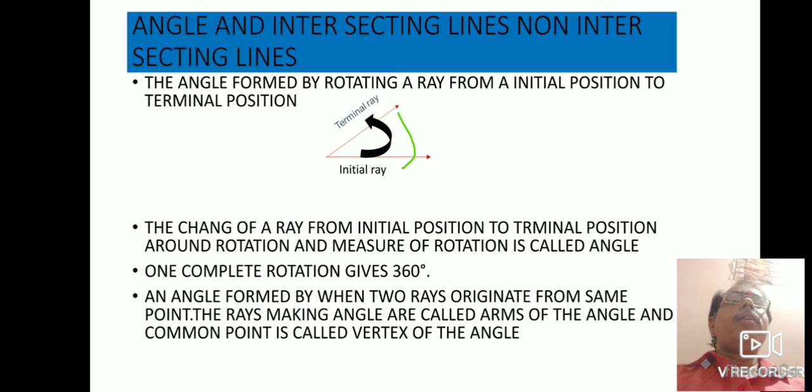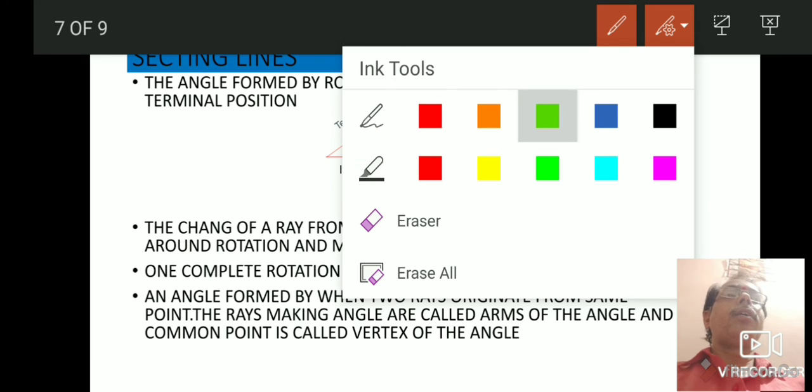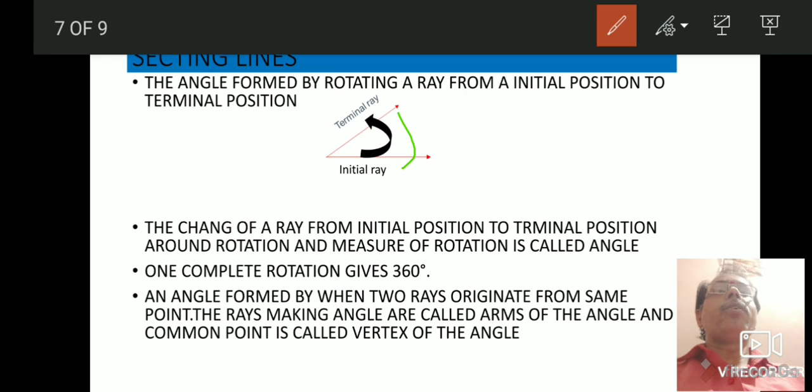Now an angle is formed when two rays originate from the same point. If they originate from the same point here, then the rays making the angle are called arms. This one is the first arm, this one is the second arm of the angle, and the common point is called the vertex of the angle.